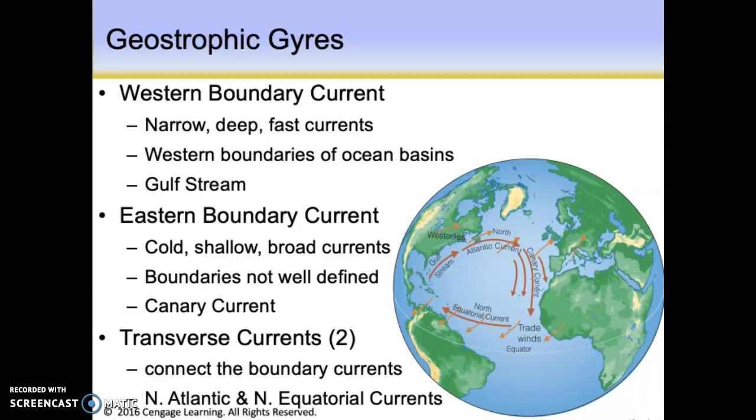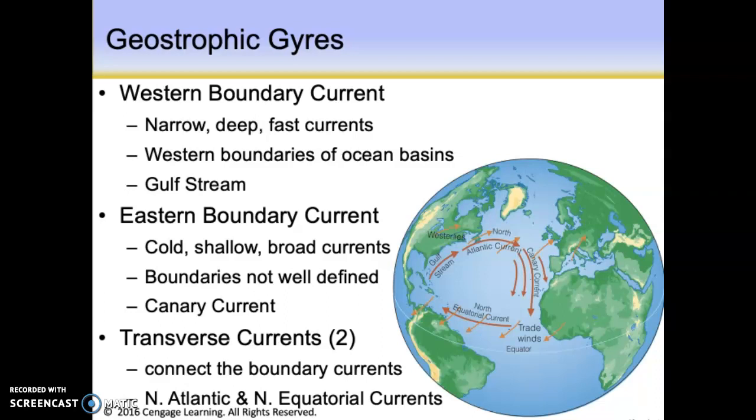And the two currents that we spend the most time discussing on the geostrophic gyres are the western boundary current, which we just mentioned. It is a narrow, deep, fast current of warm water. I should have added warm water to that.